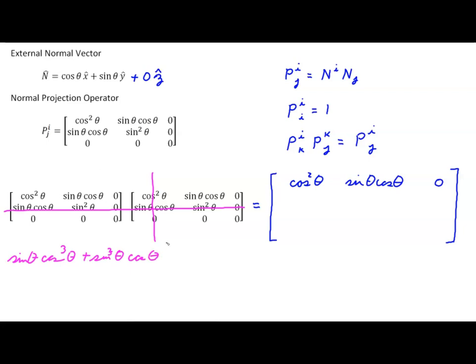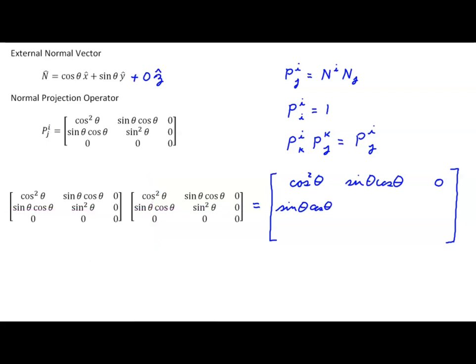And we've done this a couple of times already. You see where this is going. We can factor out sine theta cosine theta, leaving us with cosine squared theta plus sine squared theta. So this whole thing is simply equal to sine theta cosine theta here. All right.